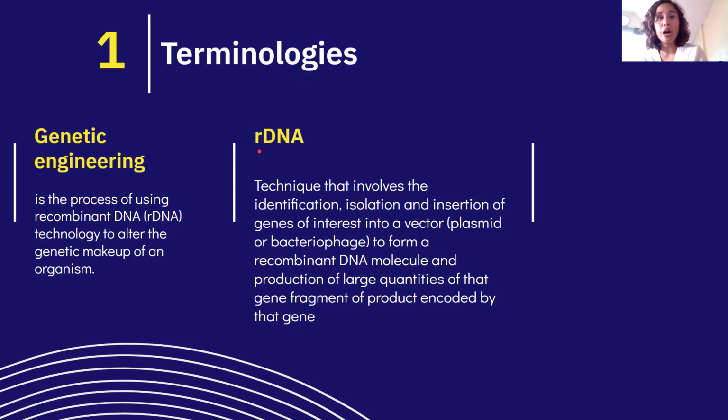Yan. So rDNA, ang other name niya, to identify, isolate, and insert the genes of interest into a vector. At talagang pag-uusapan natin yung halos an overview lang to of how is rDNA possible. Yeah. So our goal is to produce large quantities of the protein that the gene produces.